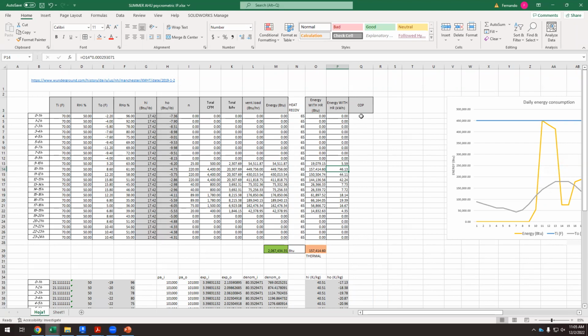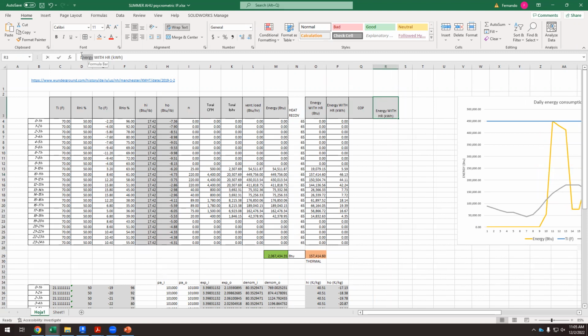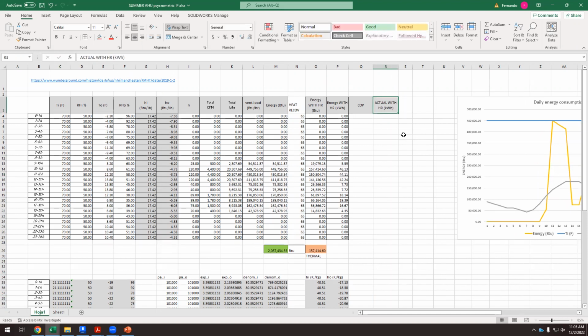Okay, so the COP means that the actual energy, this is the thermal energy in kilowatt hours, but the actual electric energy is the thermal energy divided by the COP. I think I explained that before.